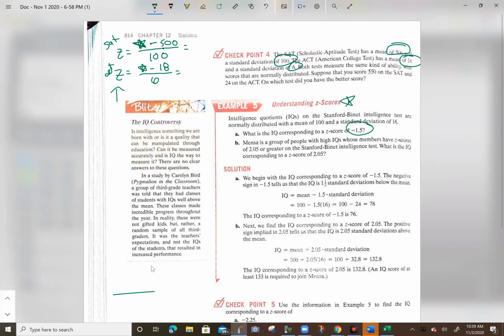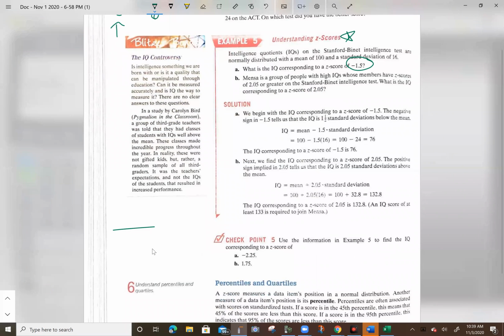So this time, our z is equal to negative 1.5, which is equal to our x, what we want to find, minus the mean, which it says is 100, divided by the standard deviation, which is 16. And you can find all of these numbers in the question.